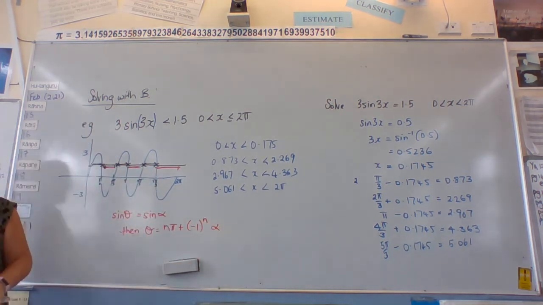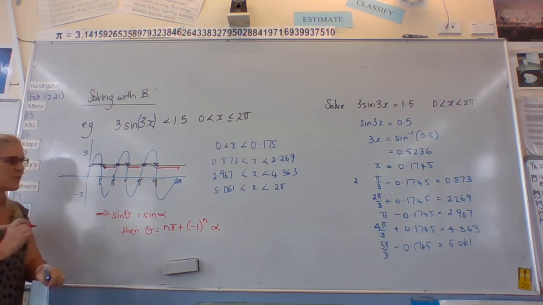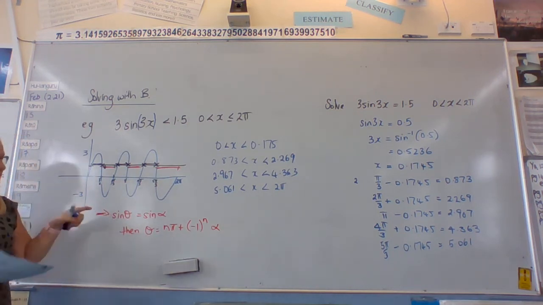That's what it says on here. And solving a sine one. There's another one for a cosine and there's another one for a tan. But that's the one for a sine.